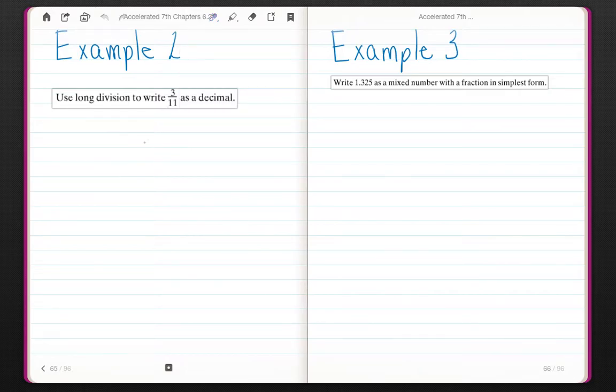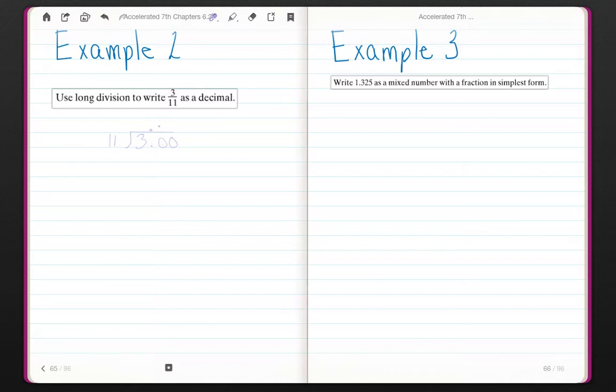Okay, again, the 3, the numerator, that's your dividend. It goes inside your division symbol. The 11, that's your divisor. Well, 11 doesn't go into 3. So again, we'll put a decimal, put a couple zeros back here, bring that decimal straight up into my answer, and now we ignore it.